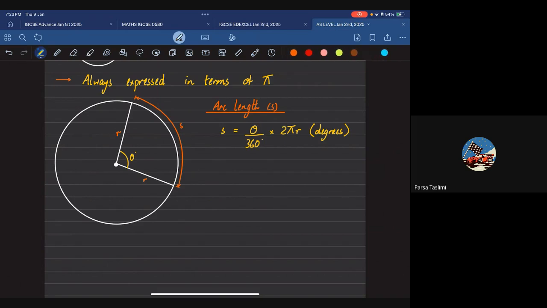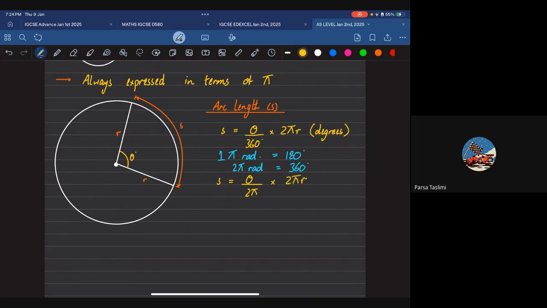Perfect, absolutely perfect. We already know that pi radians is equal to 180 degrees, so 2 pi radians is 360 degrees. Keeping this in mind, the arc length is theta over 2 pi, because 2 pi is equal to 360 degrees, multiplied by 2 pi r.